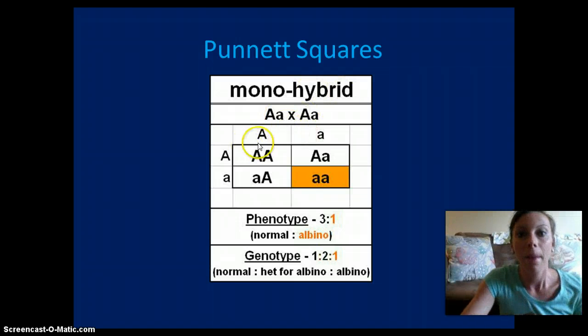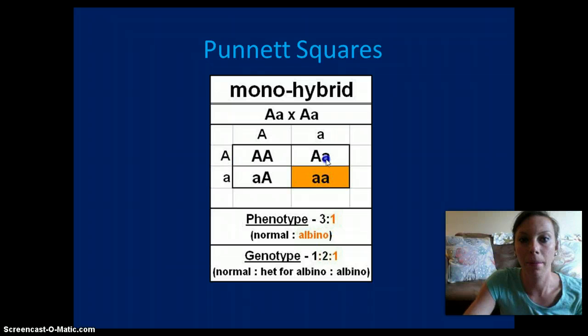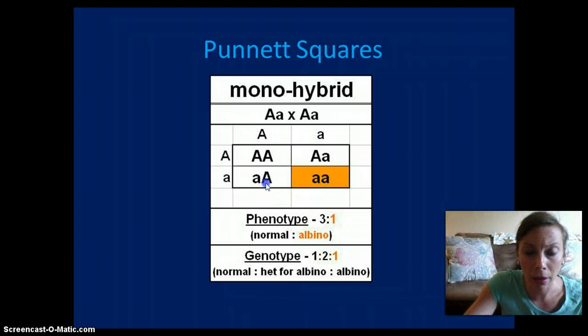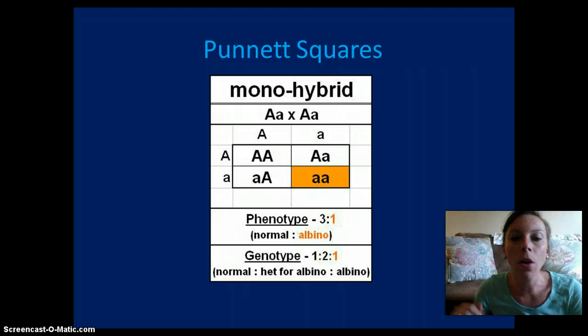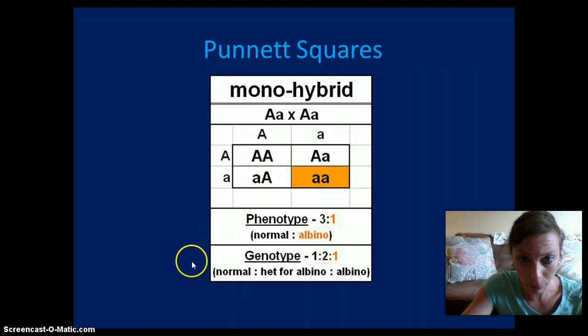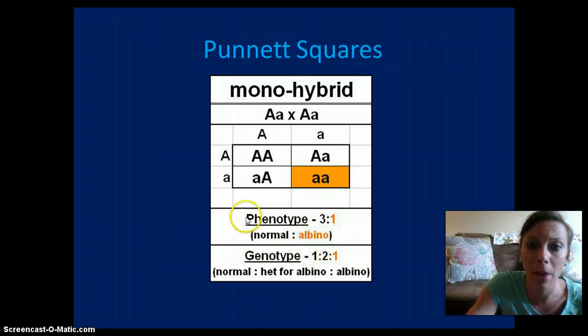So we have big A, big A; we have big A, little a; we have little a, big A, but always read it big A, little a, because the big A masks the little one. And then finally we have little a, little a. So our phenotypic ratio, if this is for normal and albino, the little a represents the albino.